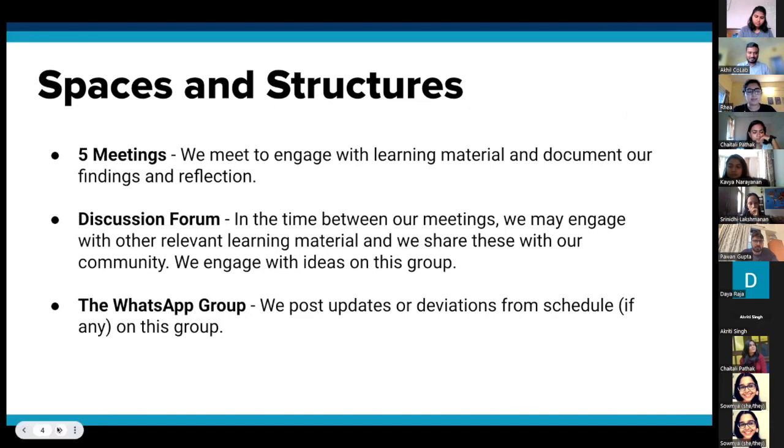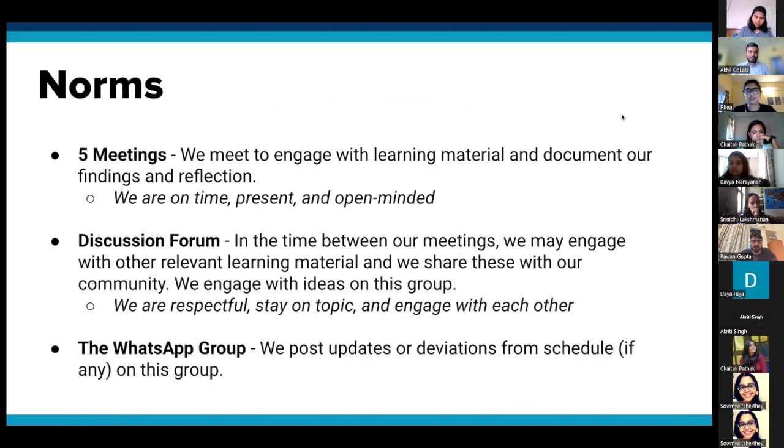Some norms that I think we should set for these spaces. So for the 5 meetings, we'll make sure that we're on time, we're present, and we're open-minded. All of this is helpful. I don't need to go into details about why this is helpful, but just being present for this 1.5 hours will really enrich this experience for everybody present. For the discussion forum, just make sure to be respectful, stay on the topic, and engage with each other.